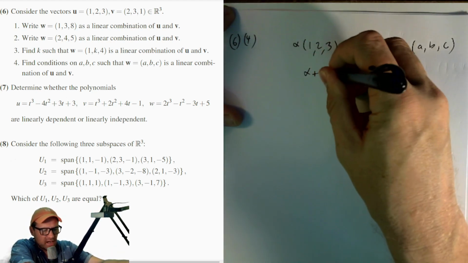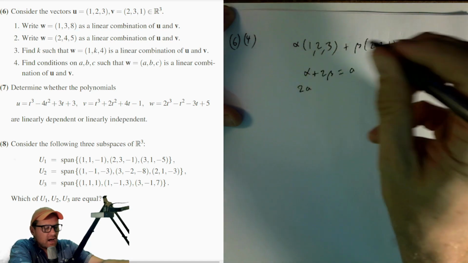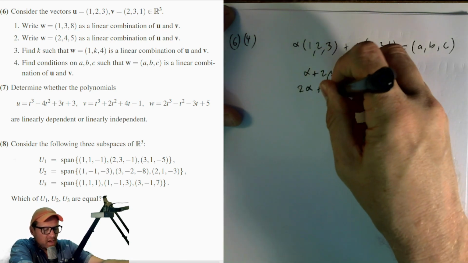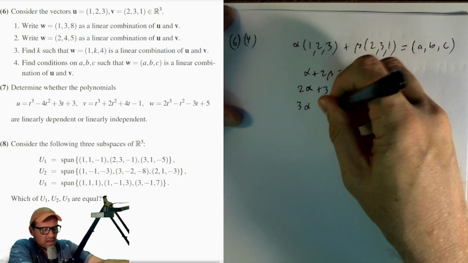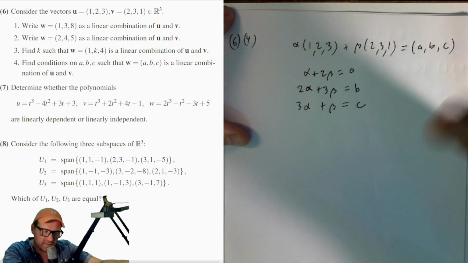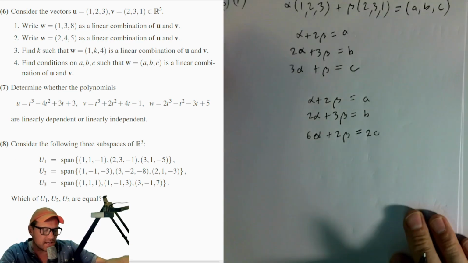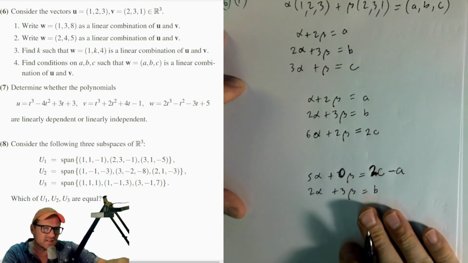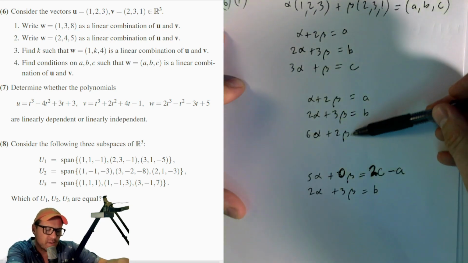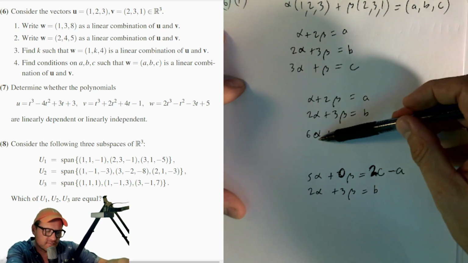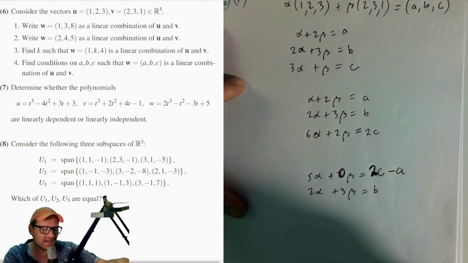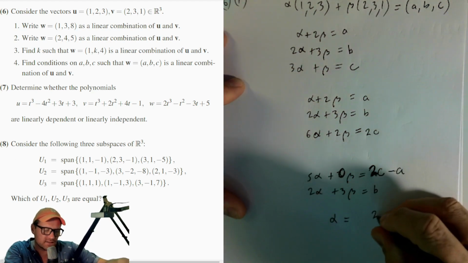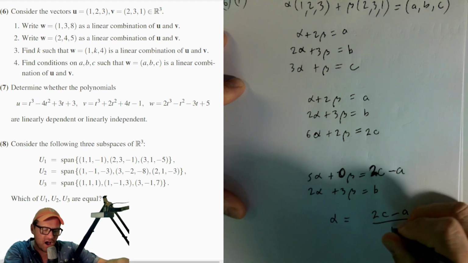Alpha plus 2 beta equal to A, 2 alpha plus 3 beta equal to B, 3 alpha plus beta is equal to C. Multiplying the third equation by 2 again, and subtracting, 2 beta minus 2 beta is 0. So we have 5 alpha equal to 2C minus A, and so alpha is (2C minus A) all over 5.